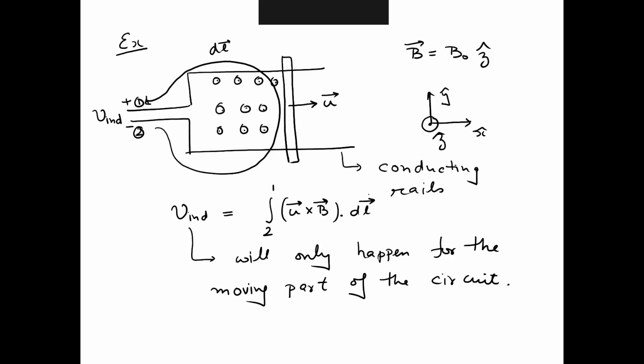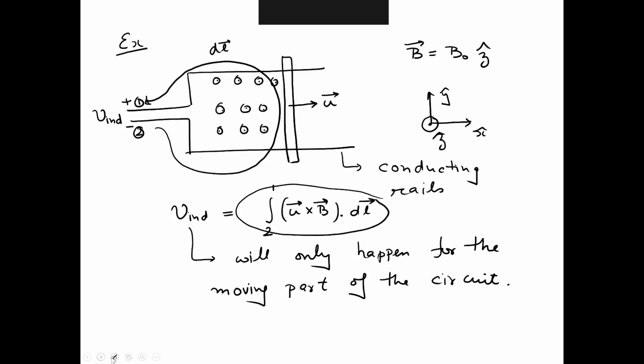So the only place where I have to integrate is where the circuit is moving, which in this specific case would be only in this region here. I have to just integrate it from 2' to 1'. Let's assume that this specific reference is height h.